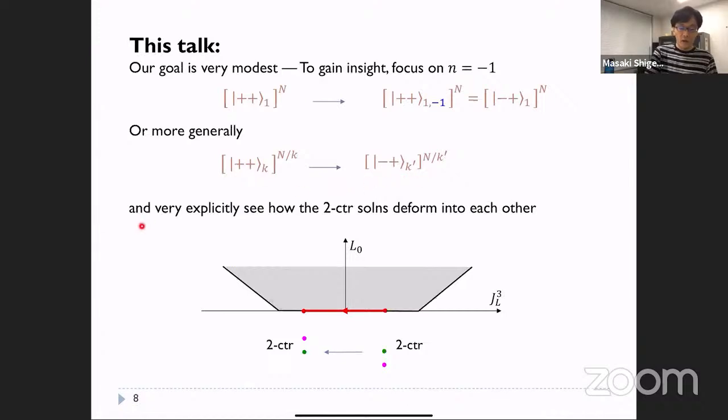And the goal is to very explicitly see how these two-center solutions deform into each other. So in the same diagram, we are simply at the bottom of this diagram, and we are going from this point to this point. That's pretty simple. So it's a two-center solution to another two-center solution. So that's the modest goal.